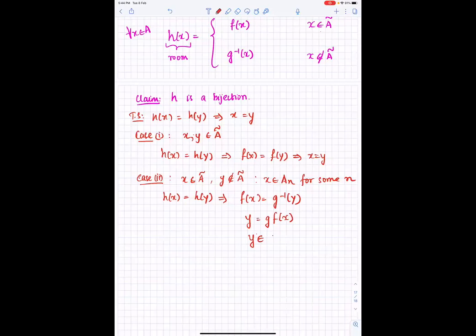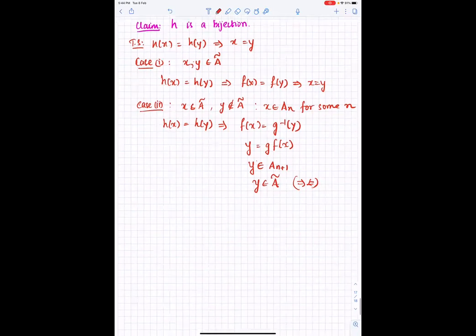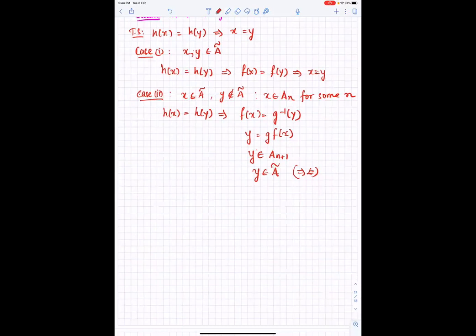A_(n+1), right? So then this means that y is in A tilde, which is a contradiction. So it must be that x is equal to y. That is, this case cannot occur: one of them being displaced, the other not displaced, but the function h values being equal.